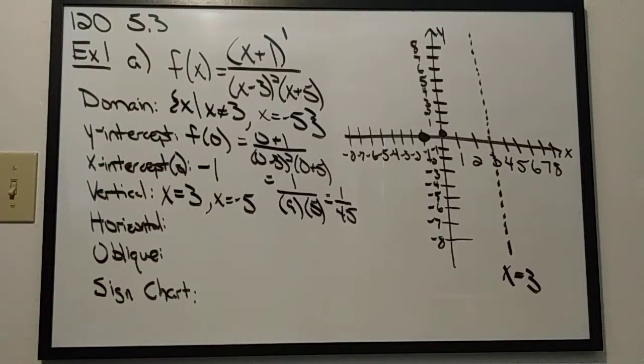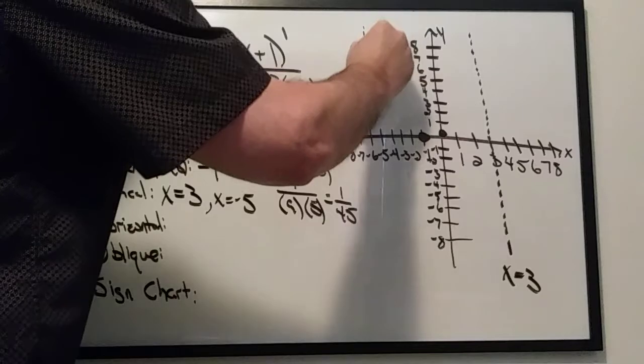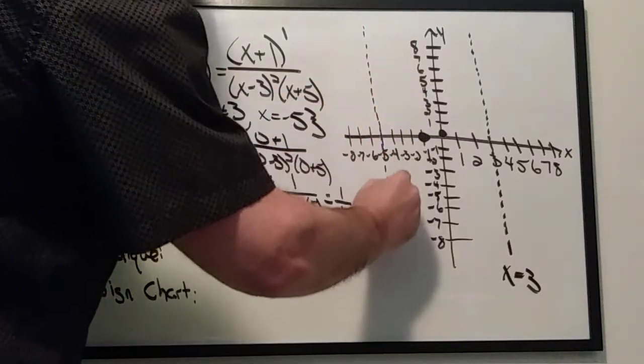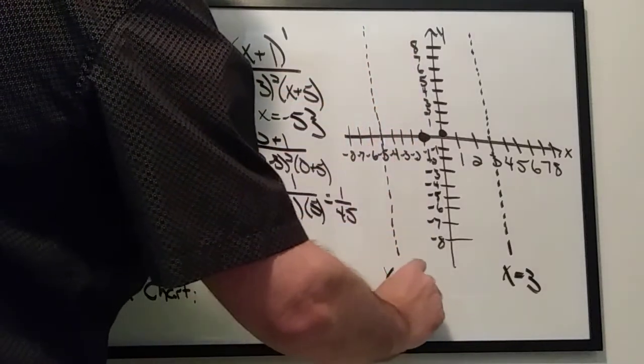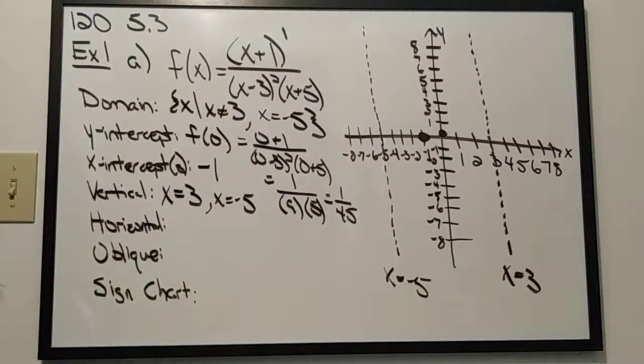And similarly, we're going to have a dashed vertical line at x equals negative 5. So we'll come over here to negative 5 and write that down. Now, in order to figure out what's happening in terms of behavior near the vertical asymptote, I've written some information on your handout. So if you haven't read that, go ahead and pause the video for a moment and read that information.